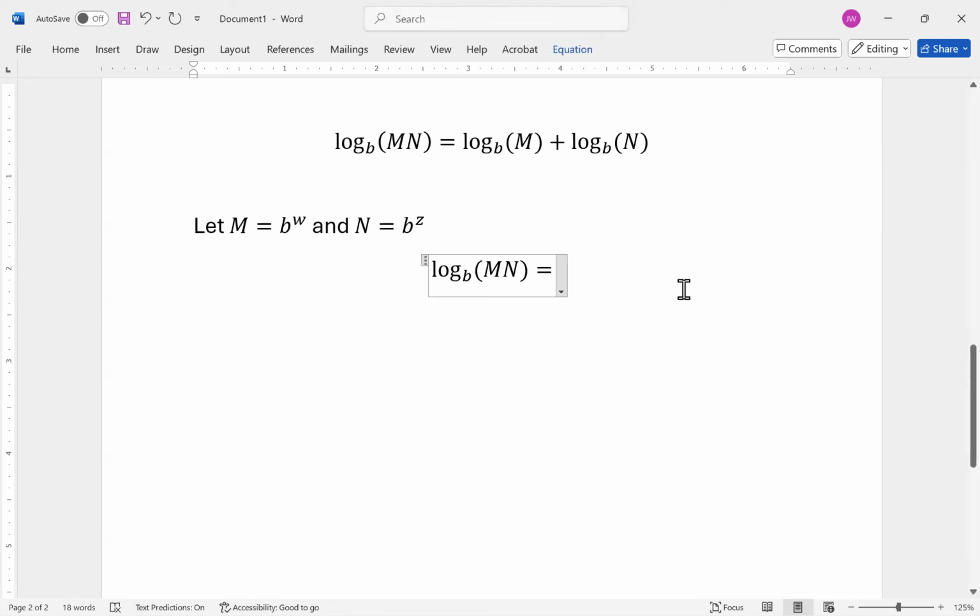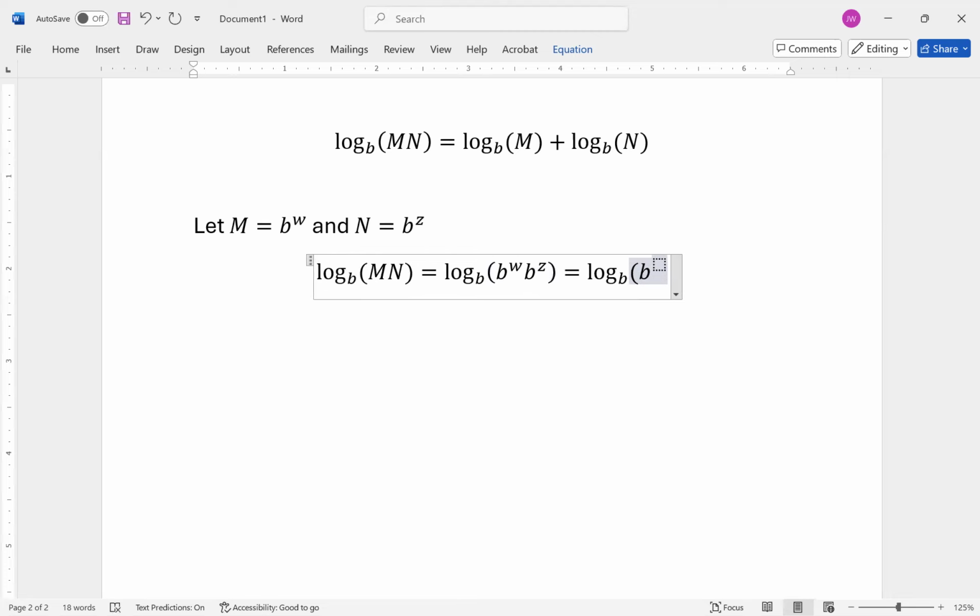So that means log of the product of m and n is going to be log base b of b to the w power multiplied times b to the z power. Well, we can use the rules of exponents and say that is actually log base b of b to the w plus z power.